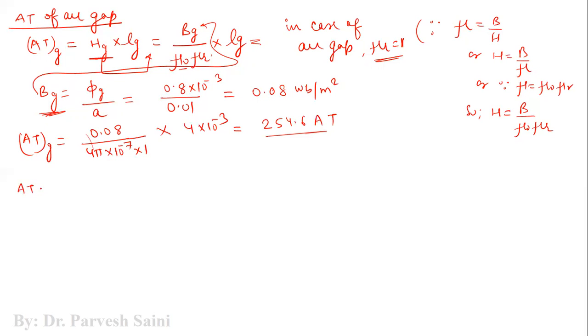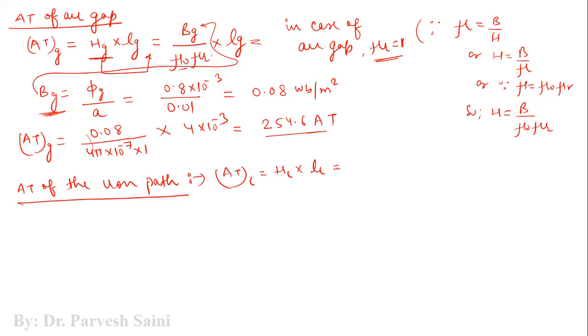Similarly, we can calculate the ampere turns of the iron path. The ampere turns of the iron path is equal to Hi into Li. Hi is the flux density associated with this divided by mu naught into mu r.